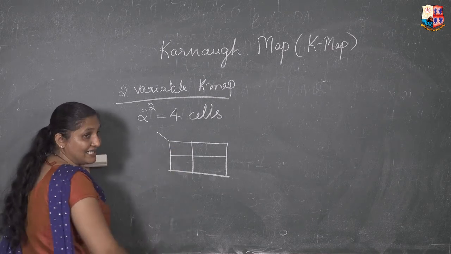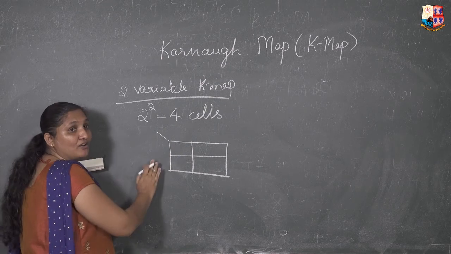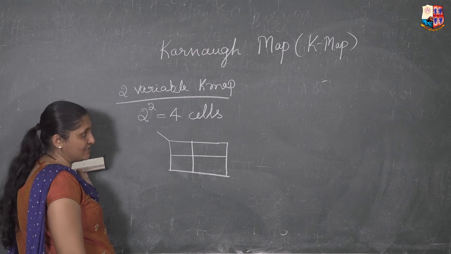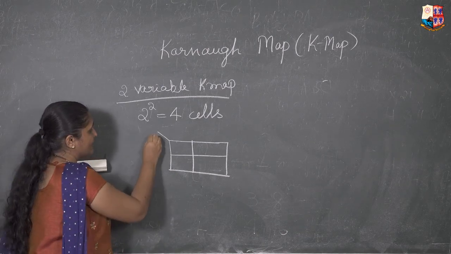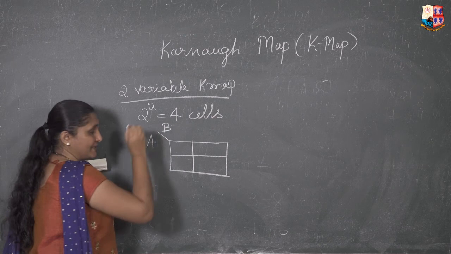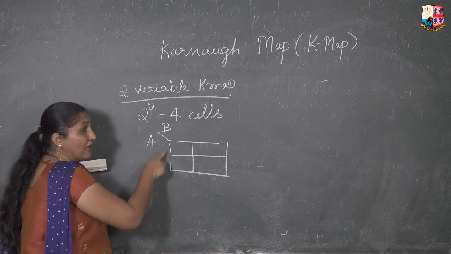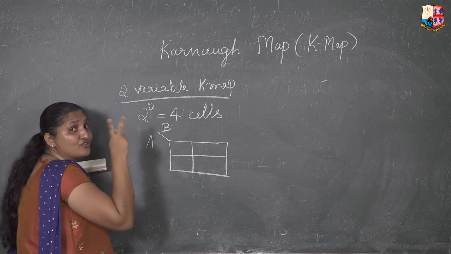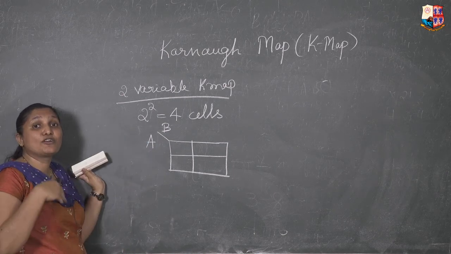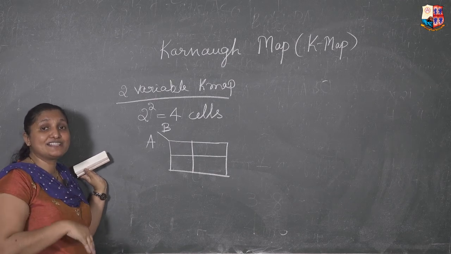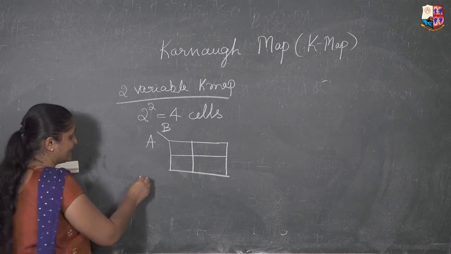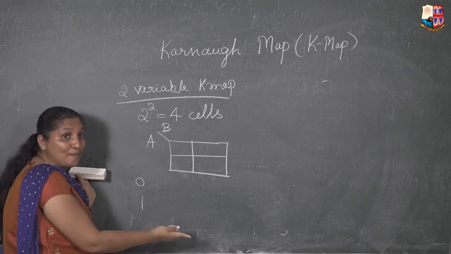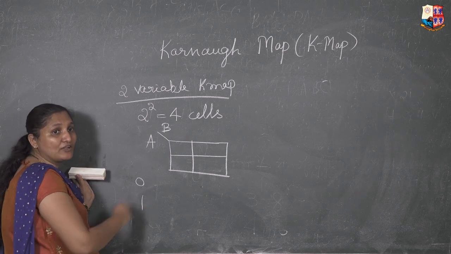Which minterm does each cell correspond to? For that I have to take the input variables along the row and along the column. I have two variables, so let me consider them as A and B. Along the row a variable can appear in two forms, complemented and uncomplemented, that is 0 and 1. 0 is the complemented form, 1 is the uncomplemented form.